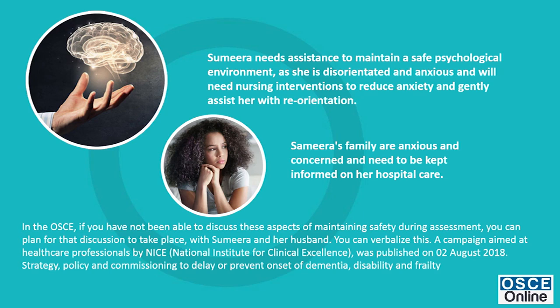You can verbalize this. A campaign aimed at healthcare professionals by NICE, National Institute for Clinical Excellence, was published on 2nd August 2018: strategy, policy, and commissioning to delay or prevent onset of dementia, disability, and frailty.